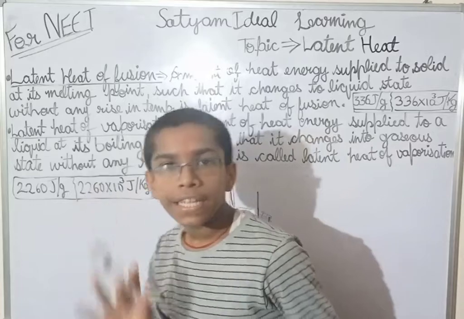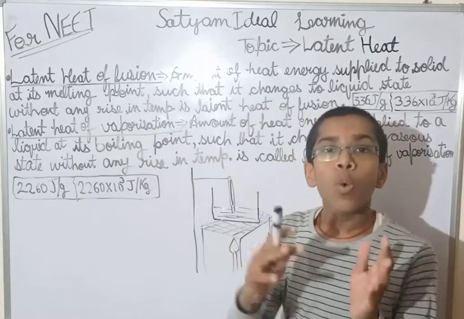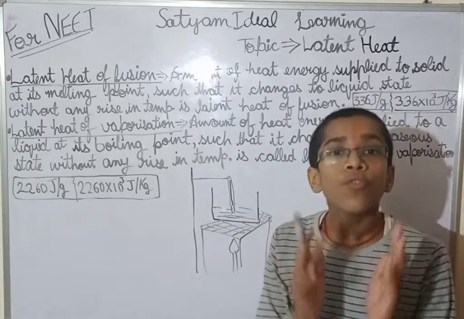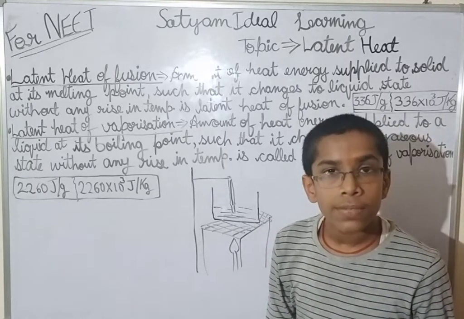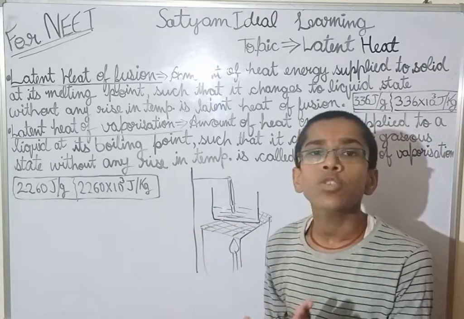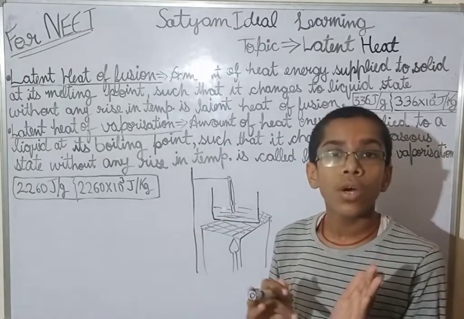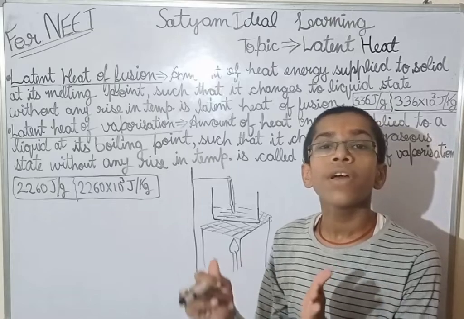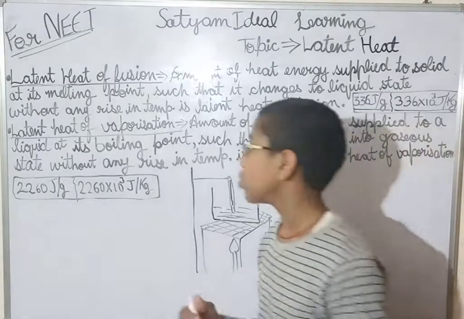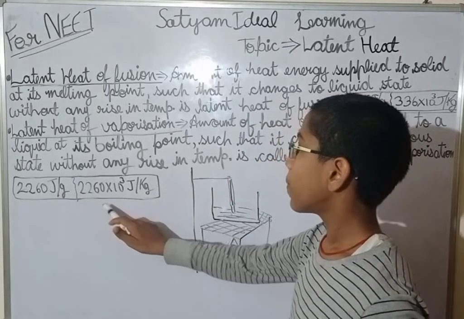So the amount of heat energy required to change 1 kilogram of water at 100 degrees Celsius into steam at 100 degrees Celsius is called specific latent heat of vaporization.